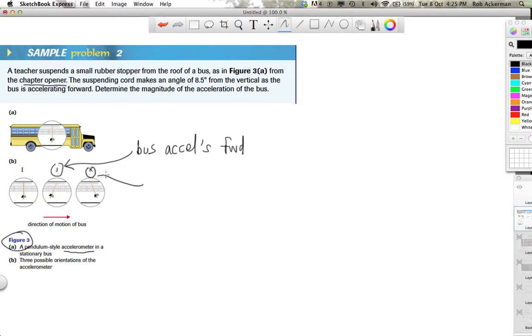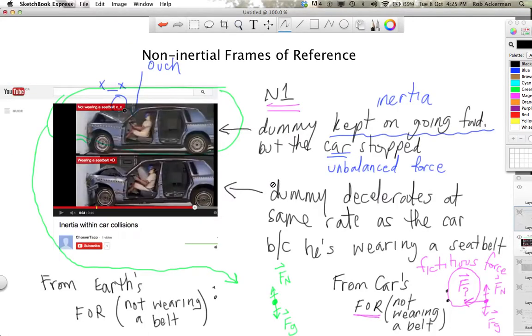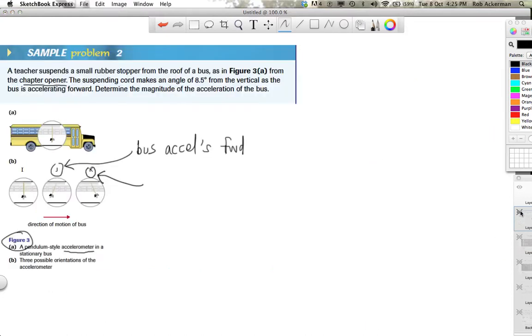Now can you guess what this picture represents? Take a moment and pause the video and think about it. Okay, we're back. If you guessed, hey, this is actually just the same thing we looked at here, like a person feeling forced forward when the car stops suddenly, then you're right. It's the same situation. This happens when the bus accelerates backward.